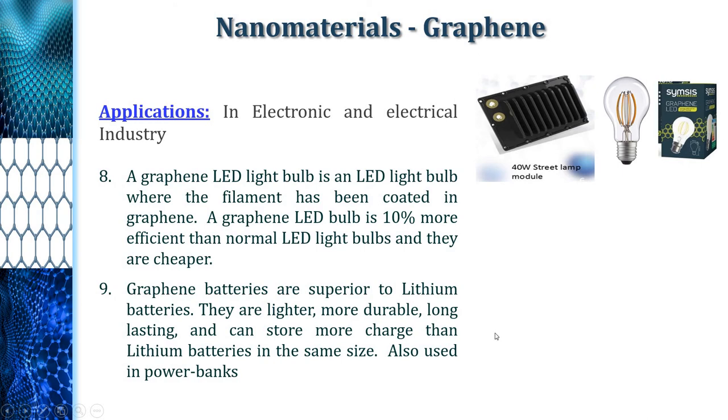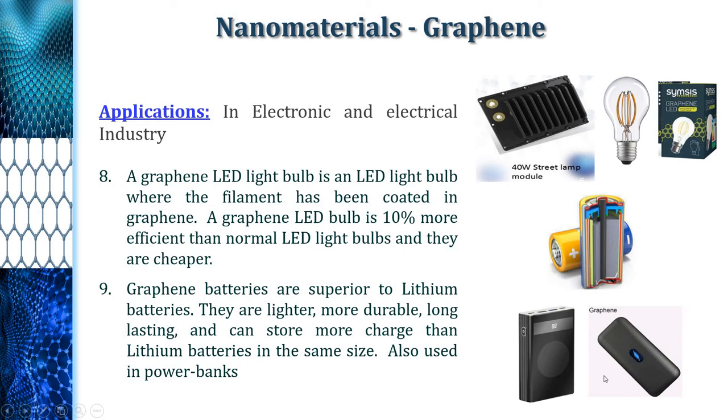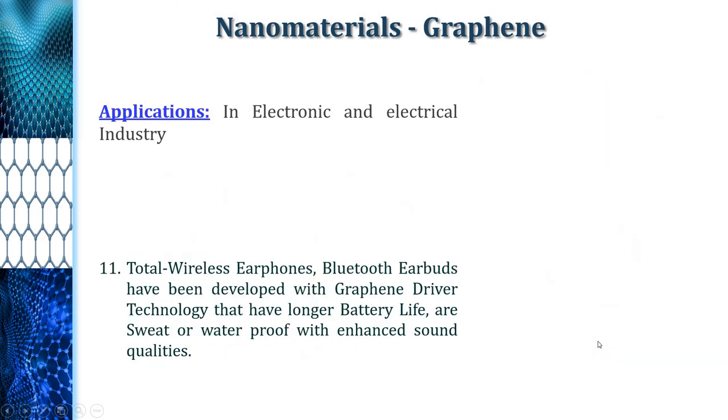They can have more charge-discharge cycles. So these are the bulbs containing filaments made of graphene, street lamps, cells or batteries. Then these are the power banks that use graphene.